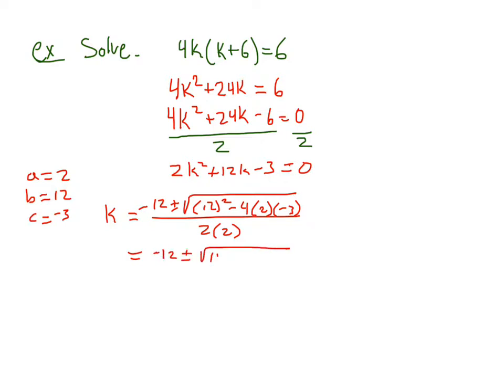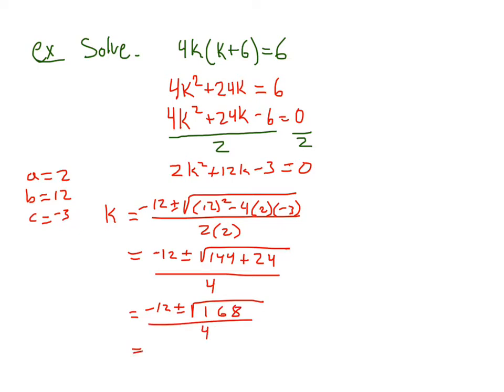And in here we've got 144. And this is going to become a plus because of the negative here and the negative here. And 8 times 3 is 24, all over 2 times 2 is 4. So we have negative 12 plus or minus the square root of 144 plus 24, which is 168.